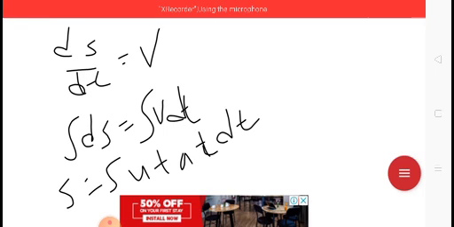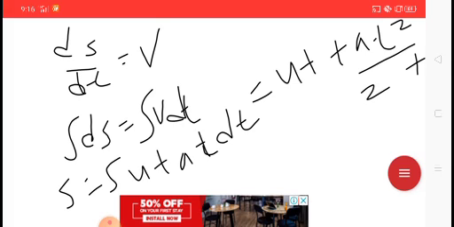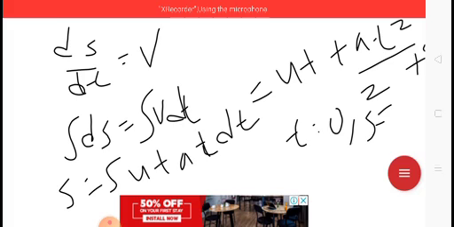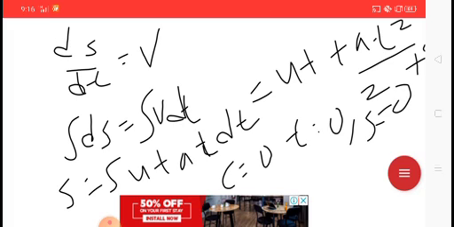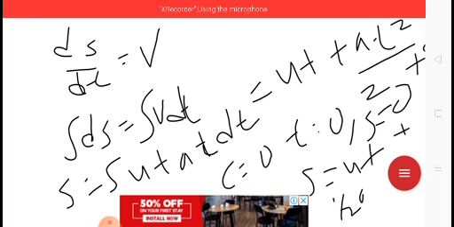You continue and you will have ut plus at squared over 2 plus c. Put the initial condition t equal to 0, s equal to 0, and you will get c equal to 0. At the end you will get s equal to ut plus half at squared, another constant acceleration formula for part B. So this is for question 1.